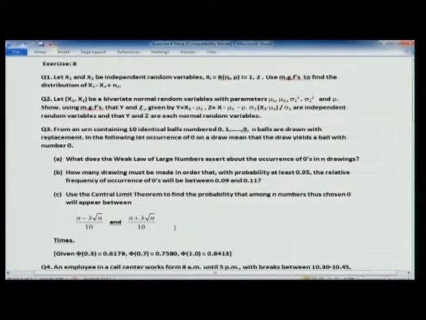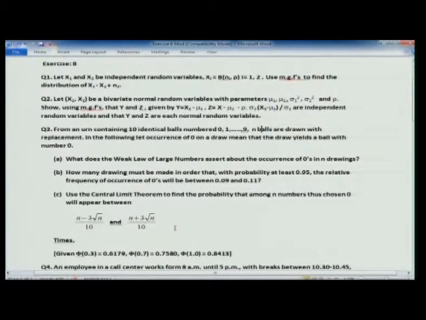But right now the way to do it is, see, because Y is X1 minus mu1, this will continue to be normal. The mean of Y will be 0, and the variance will be the same, because by shifting the mean of a random variable, the variance does not change. So, therefore, Y is again normal with mean 0 and variance sigma1 square.